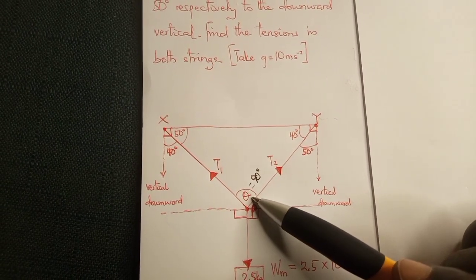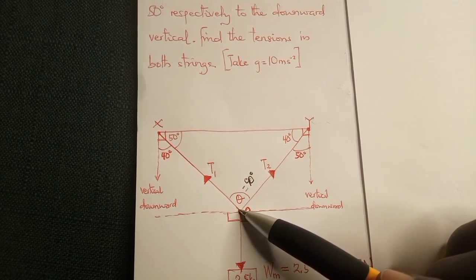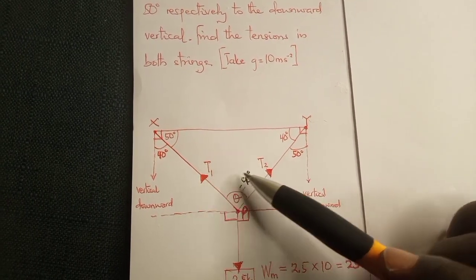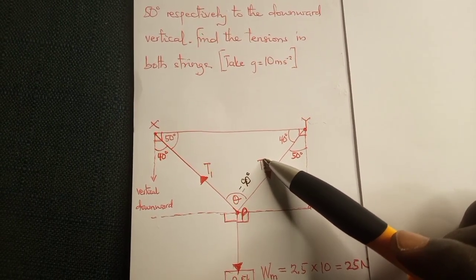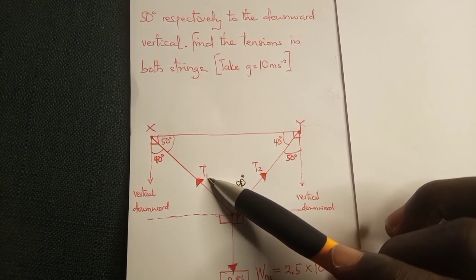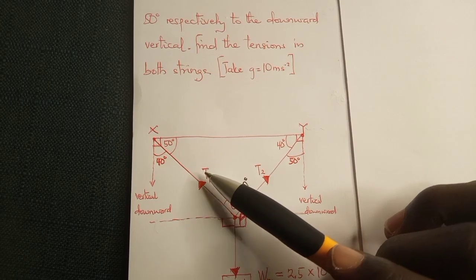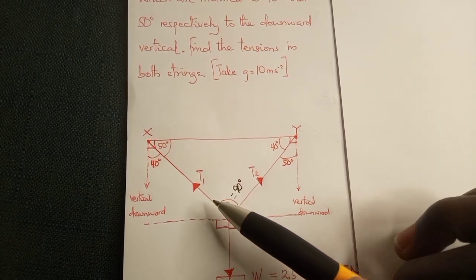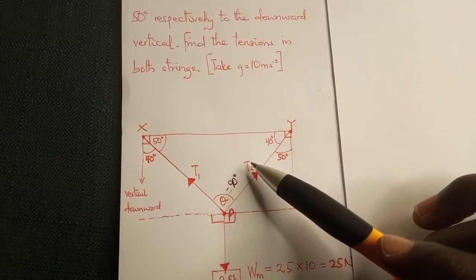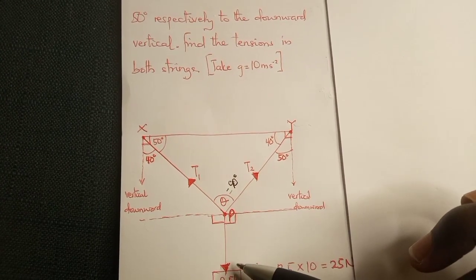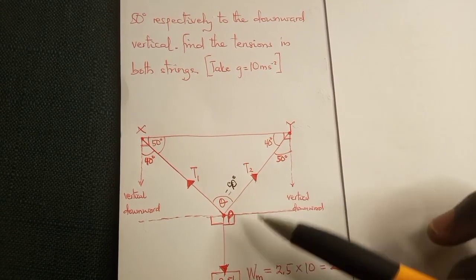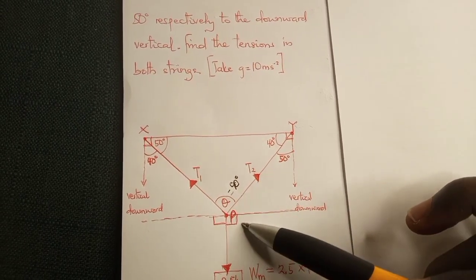This will also be equal to the ratio of the tension, let's say we pick T1, the first tension, so T1 over the sine of the angle between the other two forces, T2 and the weight W.